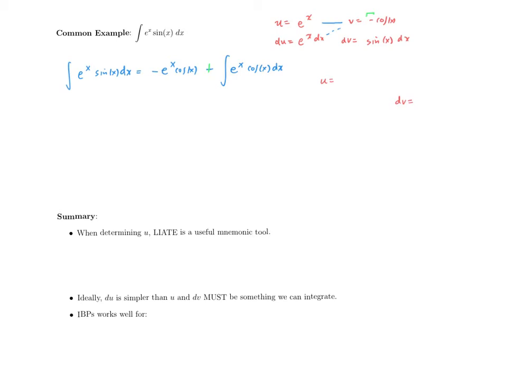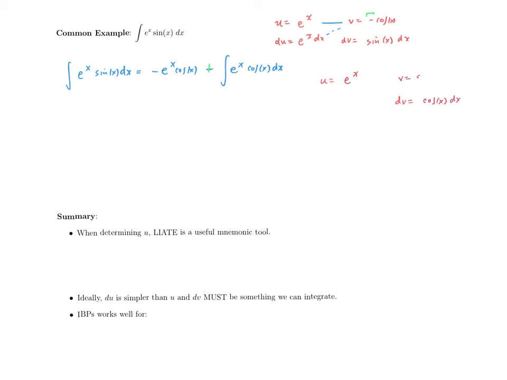For example, if I was to choose dv as e to the x and u as cosine, that would be perfectly acceptable. It would just undo our work and bring us back immediately to this starting point. So what we want to do is continue progressing in this problem, so we're going to remain consistent with our choice. We're going to let u be e to the x and dv be cosine.